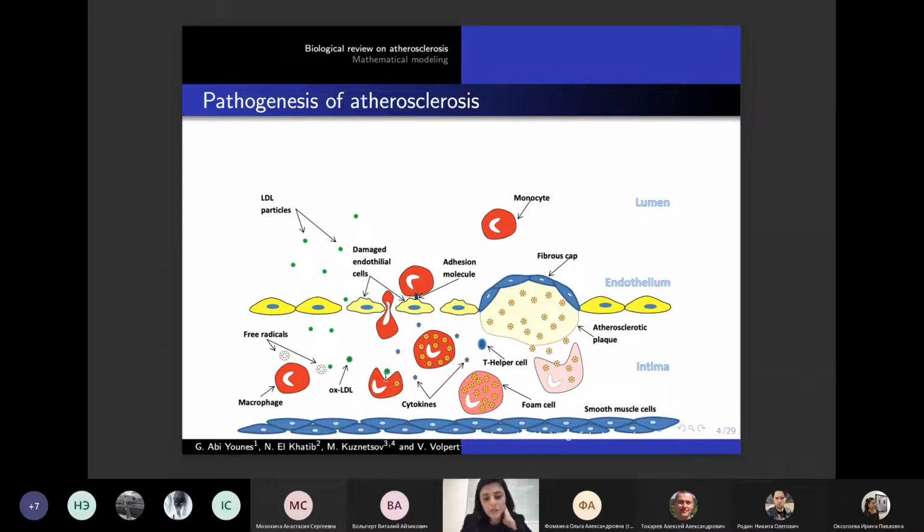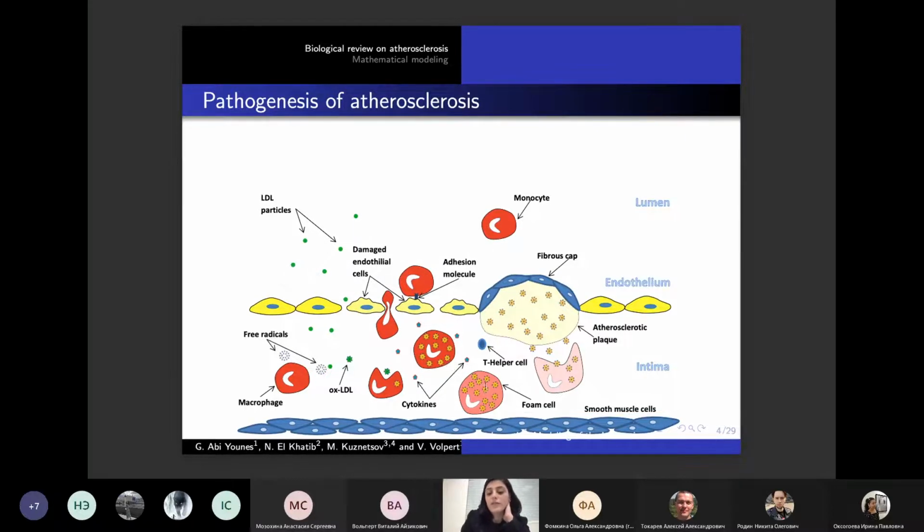They release free radicals to oxidize the LDL particles, so we get oxidized LDL, and then they start to engulf or ingest oxidized LDL in a process called phagocytosis. At this stage, they release cytokines. Cytokines activate endothelial cells and promote the recruitment of new monocytes.